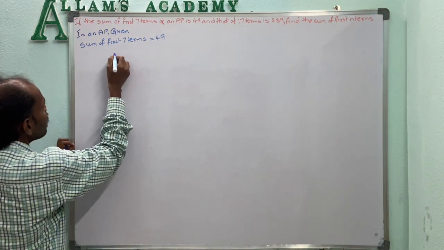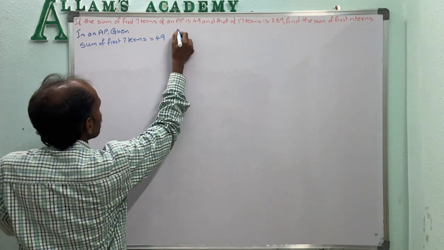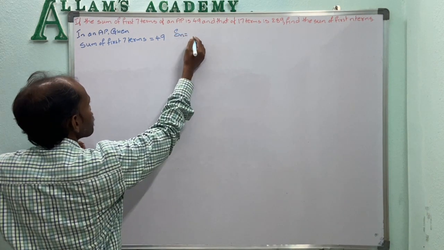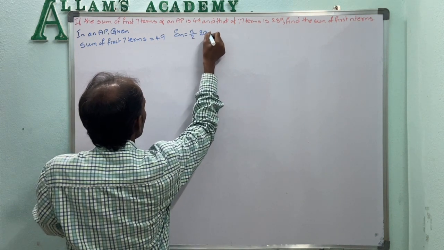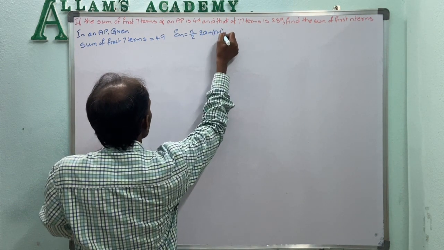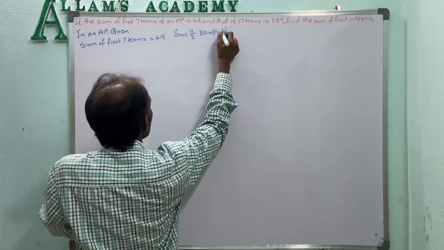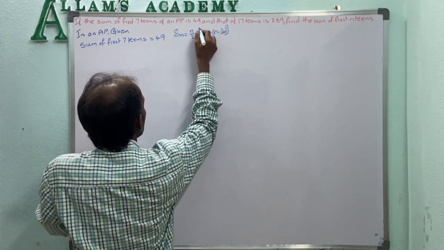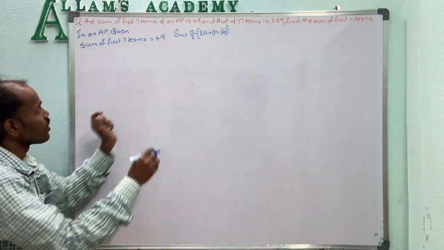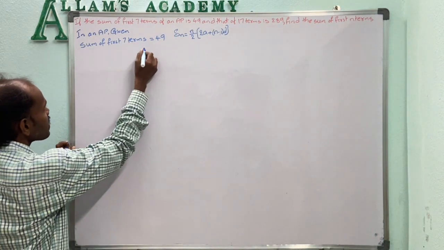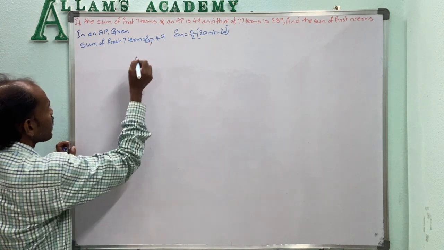So the general form for the sum of the first n terms is Sn is equal to n by 2 into 2a plus n minus 1 into d. So by that, now here the sum of 7 terms is asked. So S7 is equal to nothing but 49.